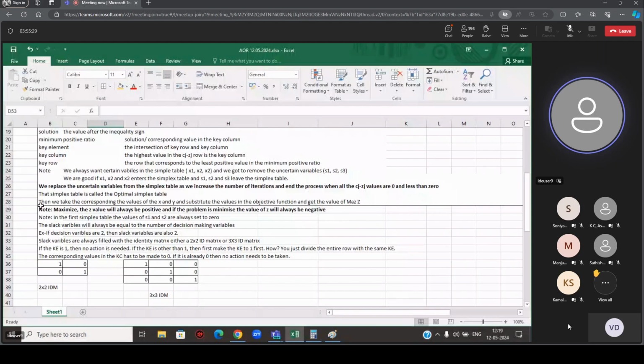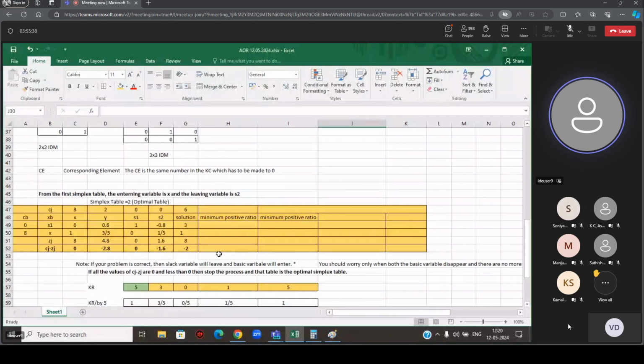Are you getting my point? So what you need to do here is just substitute the values of x and y. What are the values of x and y? It is very simple. Look at the corresponding solution.